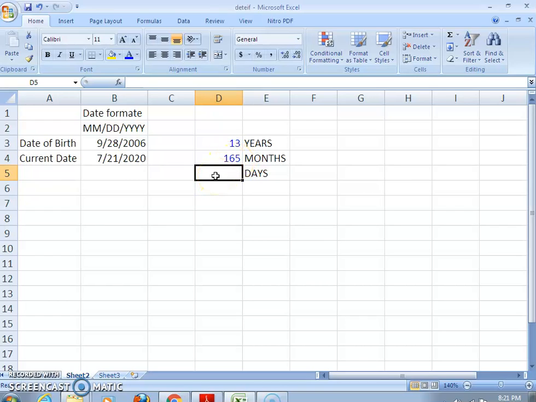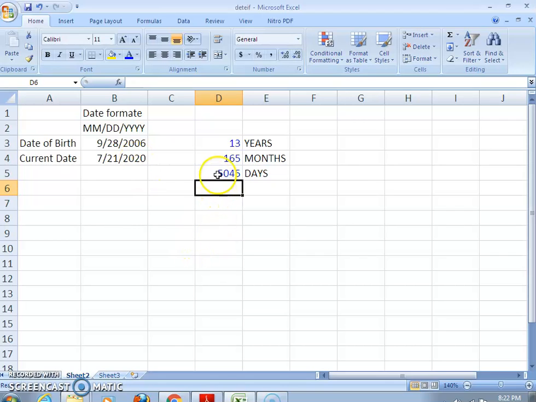And if you want to calculate the number of days between these two dates, then what will you use? DATEDIF, date of birth, starting date, current date, and since you want to calculate days, here you will use d and then press the enter key.